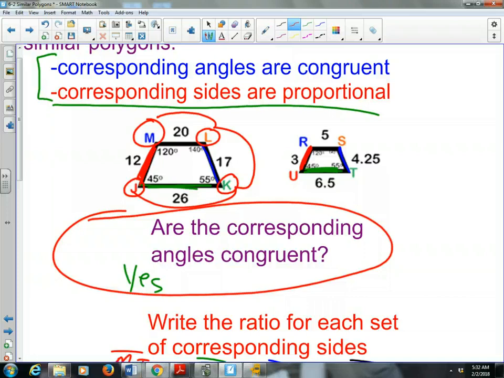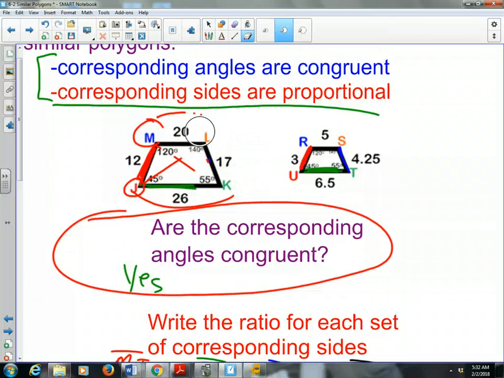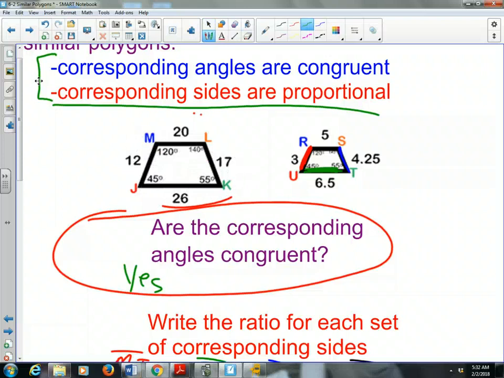You can't name this polygon by going across the figure. You can't name it M, K, L, J, that kind of thing. So pick any vertex you want to, and then go around the figure either clockwise or counterclockwise. I will say quadrilateral M, J, K, L.